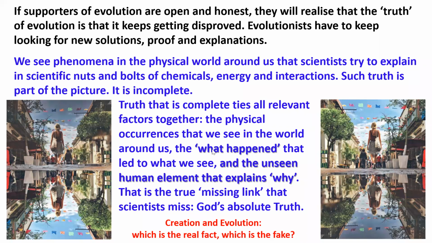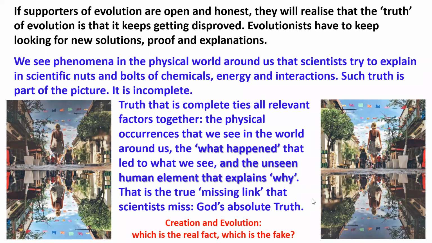But then also what happened that led us to see, and the unseen human elements, the human error that explains why these things happen. Not just the technical science of why, but the human element of why. That is where truth ties everything together. And that is the true missing link that scientists miss, God's absolute truth.